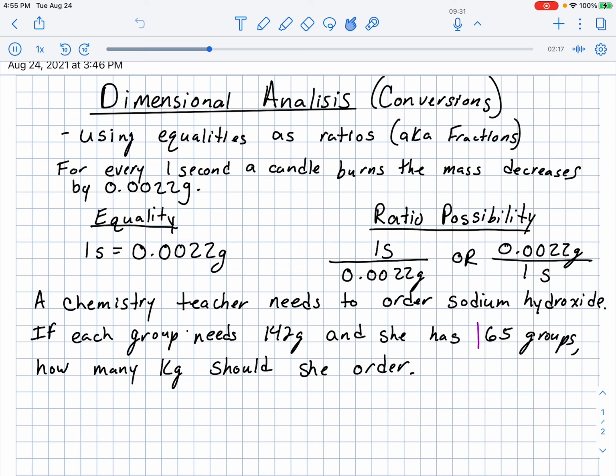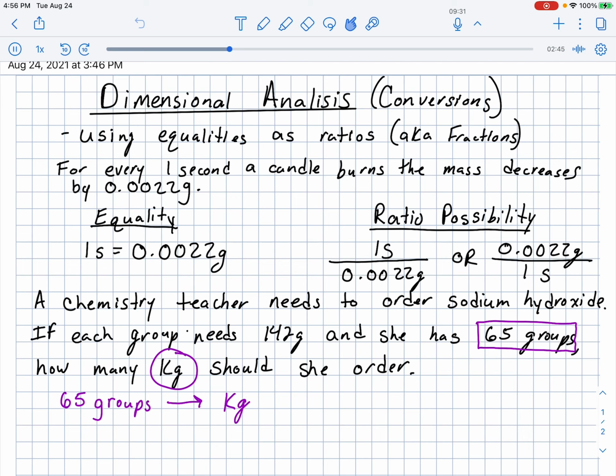So I'm going to have you put a box around our given, and in this case this is our given. What we want to end with, we're going to circle, and so it asks how many kilograms. So that's what we want to end with. So basically we're going to start with 65 groups, that's my given, and I'm going to end with kilograms.